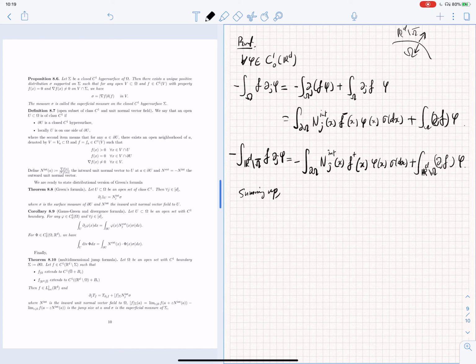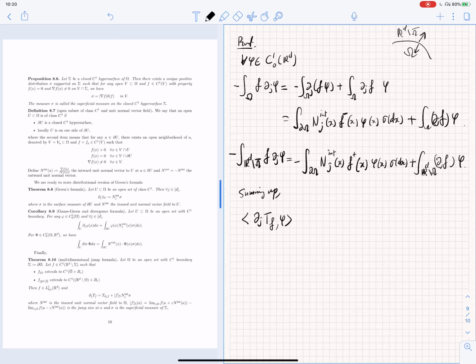So putting things together, summing up, we put this guy with this guy. Let me just do the left-hand side first. On the left-hand side, we have the integral on the whole R^d of f d_j phi, and that is, by the definition of the derivative, the distribution d_j associated with the function f applied to phi.